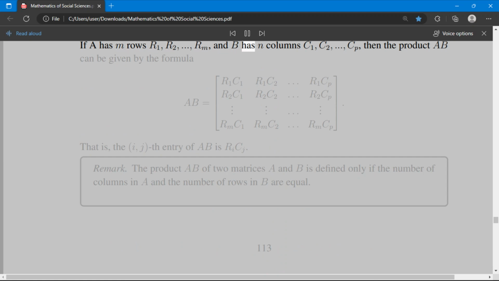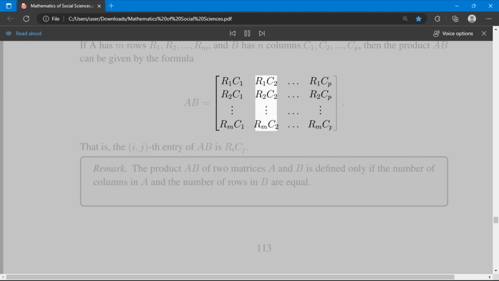If A has m rows R1, R2, ..., Rm, and B has p columns C1, C2, ..., Cp, then the product of A and B can be given by the formula AB = the matrix with rows R1C1, R1C2, ..., R1Cp; R2C1, R2C2, ..., R2Cp; up to RmC1, RmC2, ..., RmCp.